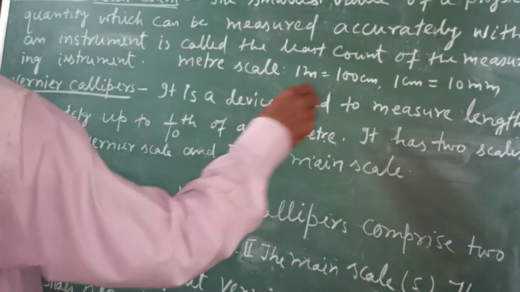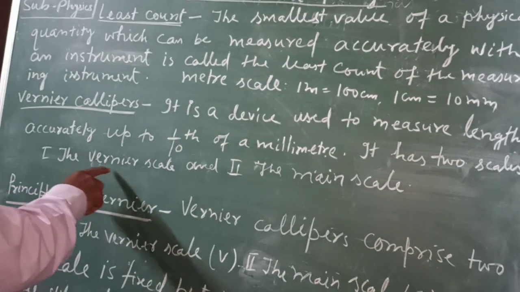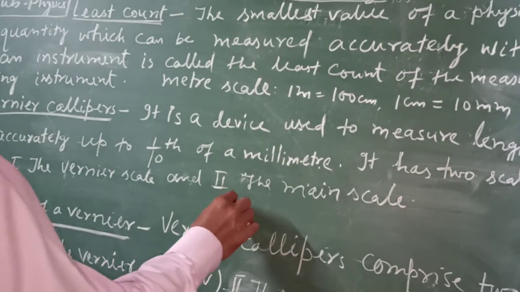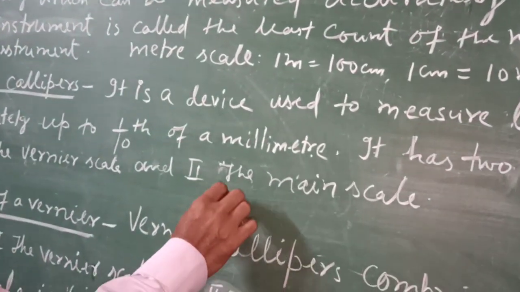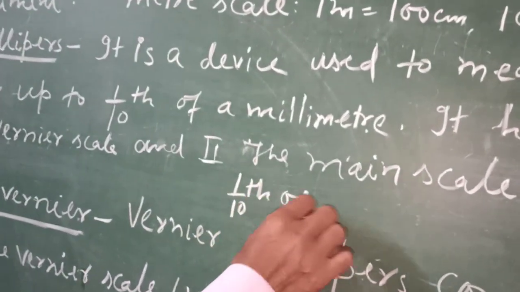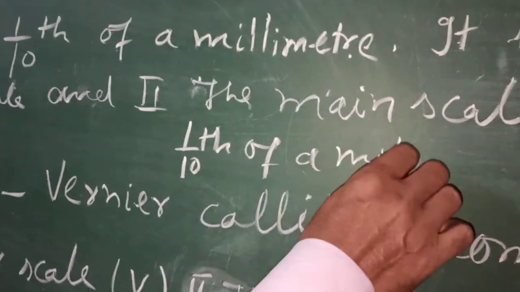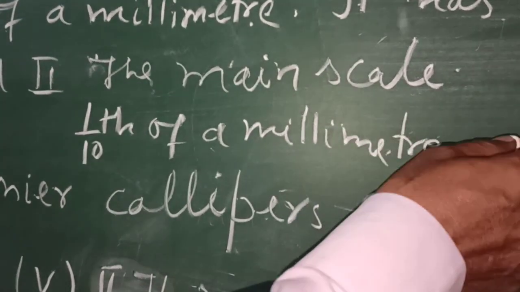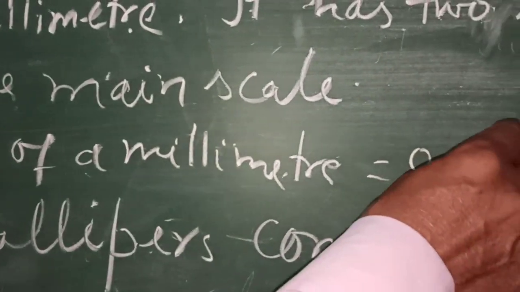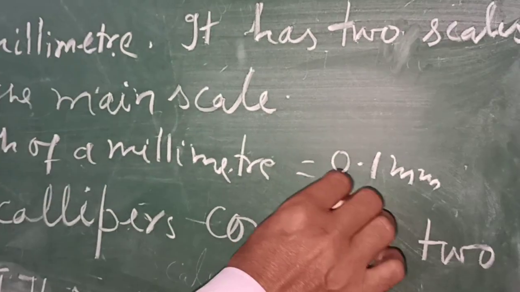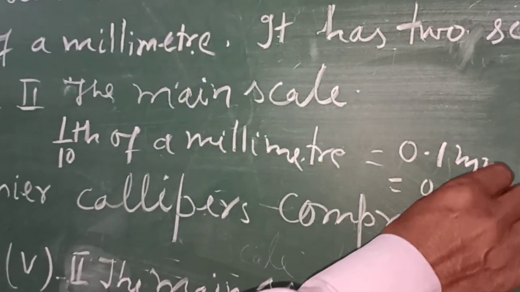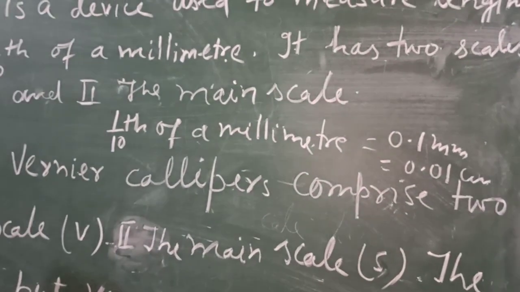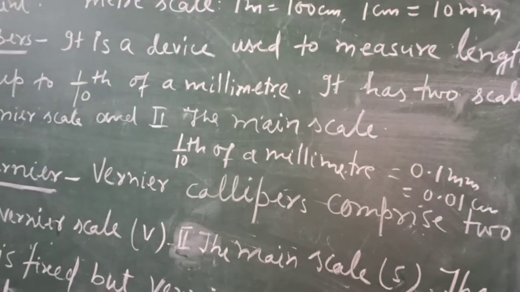It has two scales, the vernier scale and the main scale. 1/10th of a millimeter is equal to 0.1 mm is equal to 0.01 cm. It is the least distance that can be measured by vernier calipers.